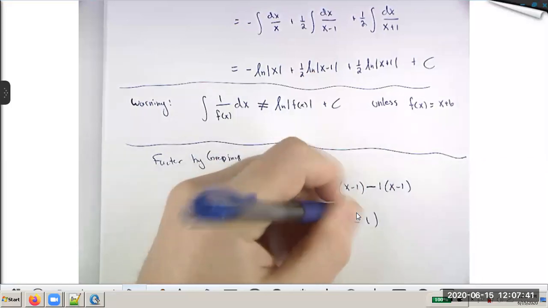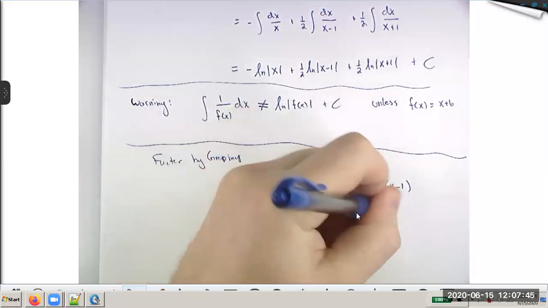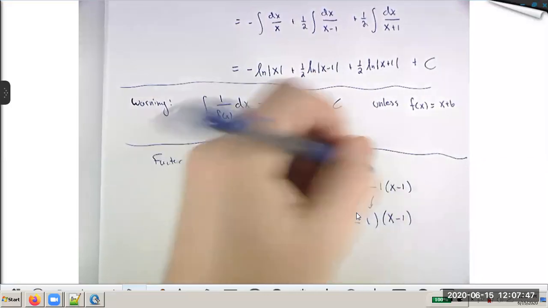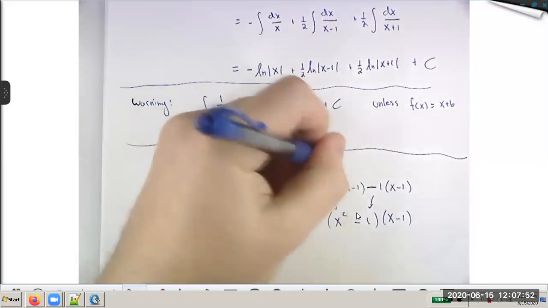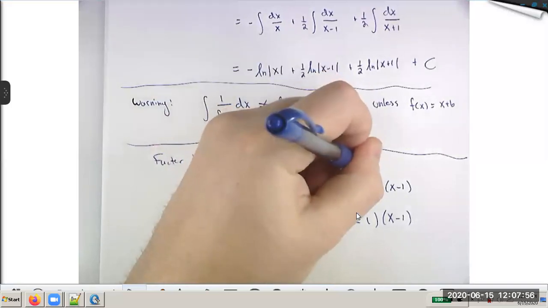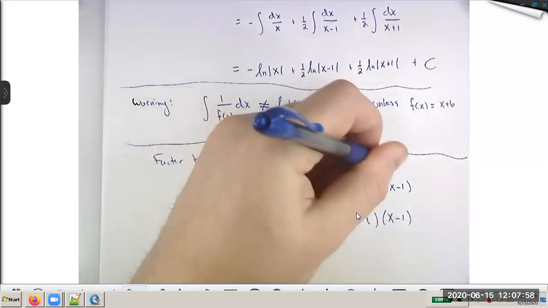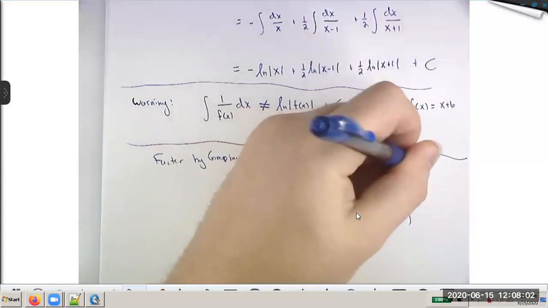This is this x squared, this is this 1. And on the right, I have the x minus 1 that I've pulled out from each of them. So think of this as like x squared times a minus 1 times a. I can pull the a out, and I get x squared minus 1 times a.